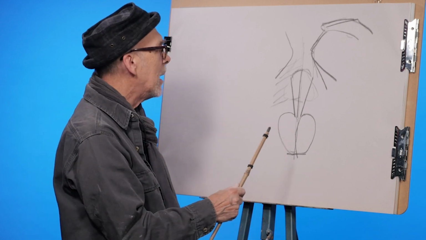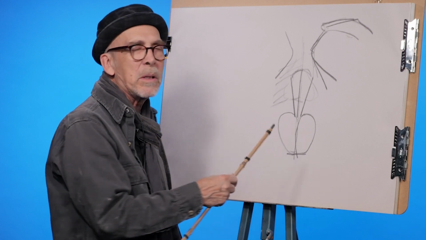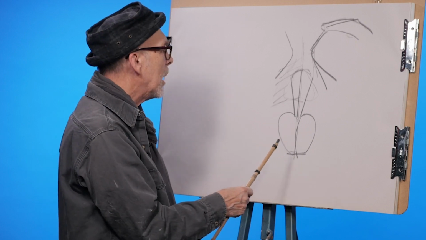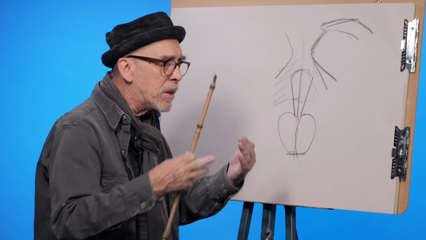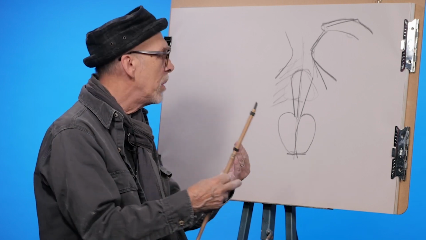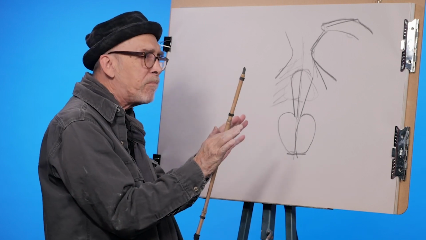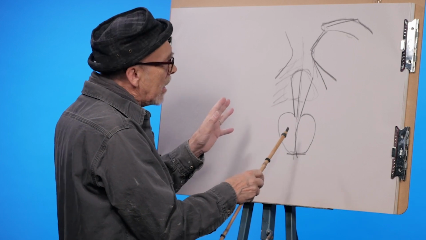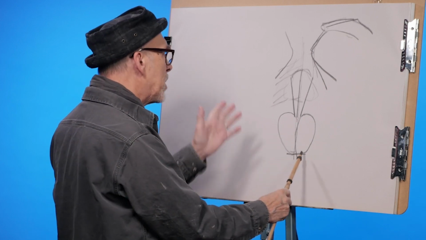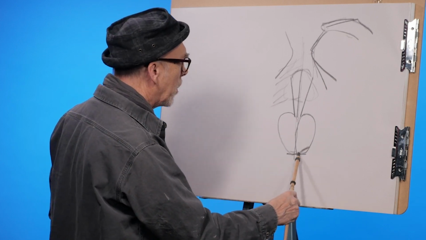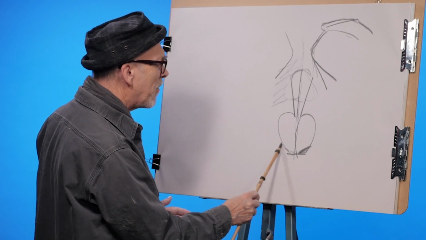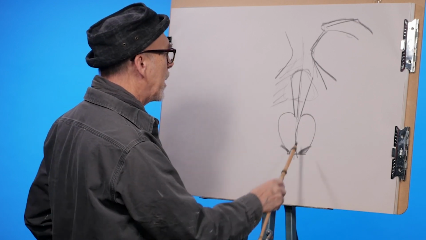We never get to see this, so it's the underlying forms that create the little reflections and facets. For instance, typically on a nose, you'll see a facet that happens right about here.